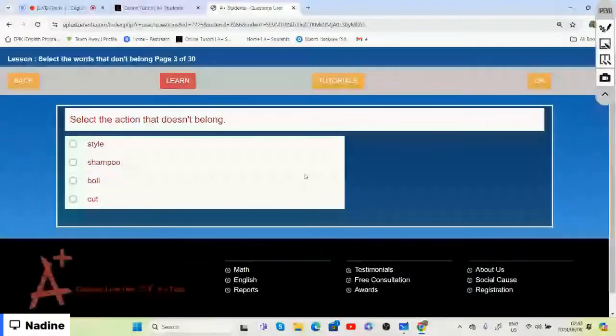Select the action that doesn't belong. We have style, shampoo, boil, and cut. Which one does not belong in that category?